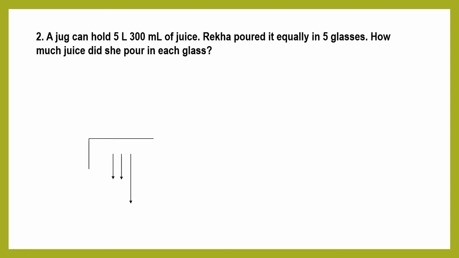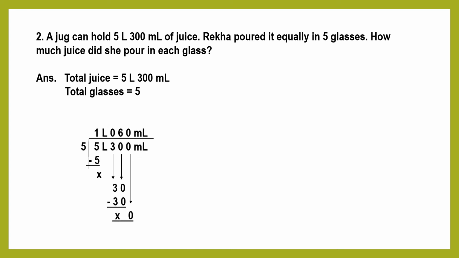Now what are you going to do? You are going to divide. So mention first the total juice, that is 5 liters 300 milliliters, and the number of glasses is 5. Now you will divide, children. 5 ones are 5. The liter is written, so write liter above, and then bring down the next number 3. Now 3 is smaller than the divisor 5, so you put 0 above and bring down the next number 0, and it becomes 30.